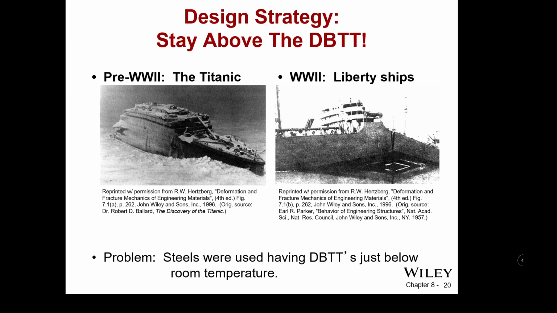The Liberty ships in World War II was another example, and this is one of the ones that I thought of first. The steels that were used for these ships had a ductile to brittle transition temperature below room temperature, making them very fragile.